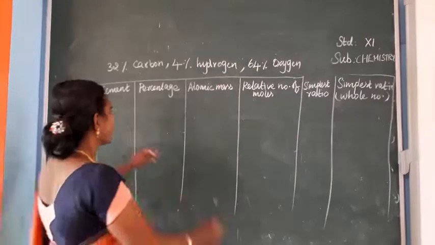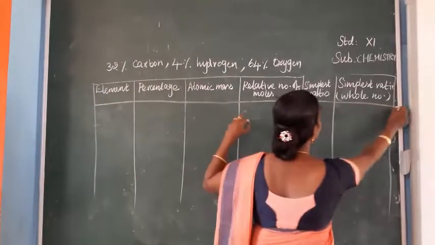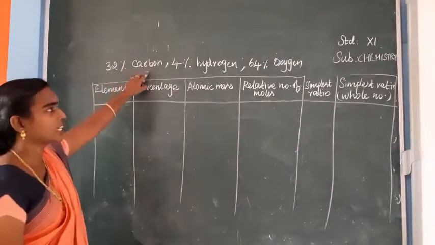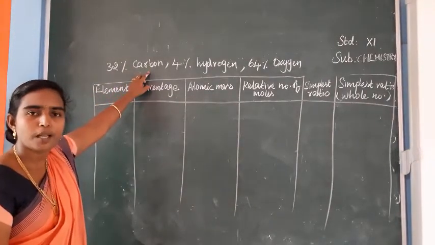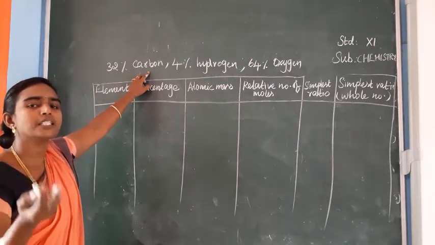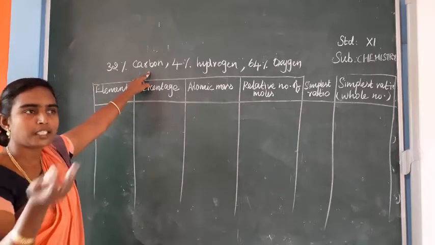Okay. So next, what are the data given here? We have to write from there. First, the elements. Here in this problem, 3 elements are given. If they had asked some other problem, we could expect one more element or some other elements also.